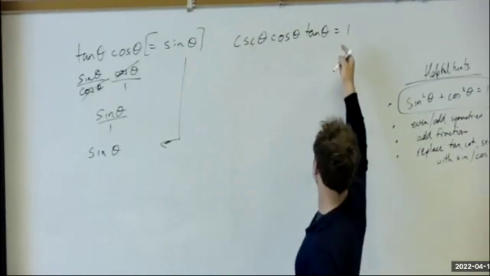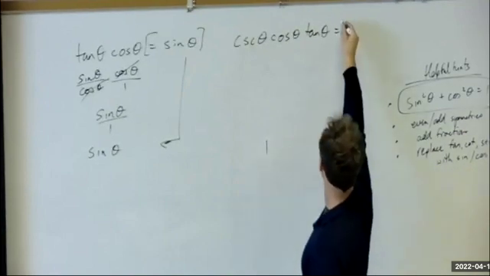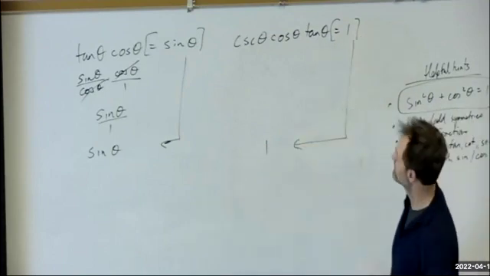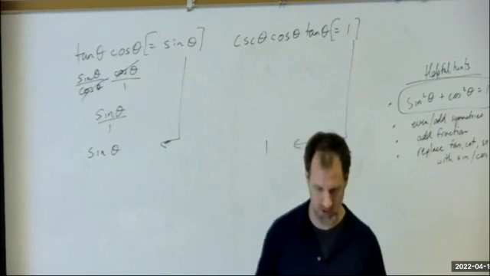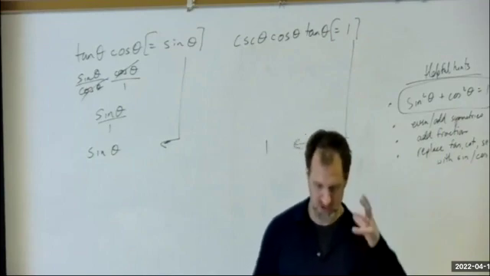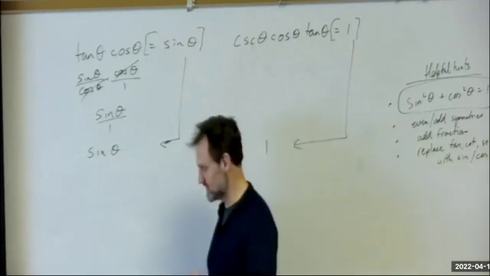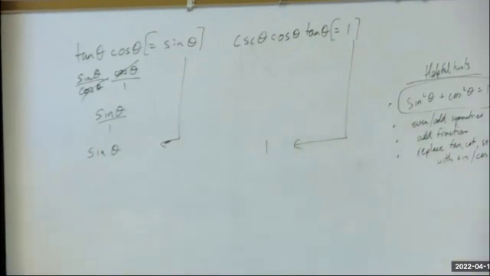Okay? We're not solving an equation. We're proving something. I think this one you guys can do on your own, just using that same basic point, which is let's replace any tan, cotan, cosecant, secant with sine and cosine.